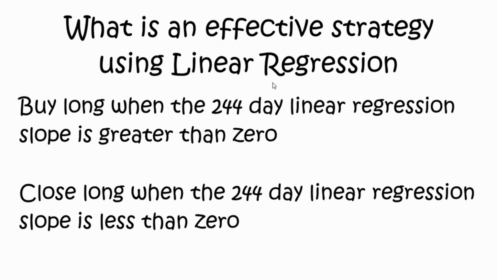So in our example, we looked at 6 days, but you're going to do that example for 244 trading days, and plot those linear regression lines. And then you're going to sell that long purchase when the 244-day linear regression line has a slope less than 0. So when that slope is negative, that is time to sell.